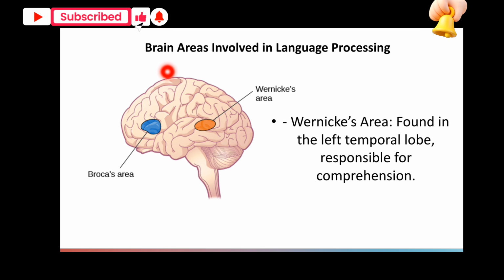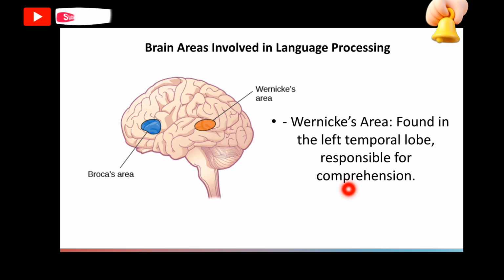Now, another brain area involved in language processing is known as Wernicke's area. Wernicke's area is found in the left temporal lobe and is responsible for comprehension.